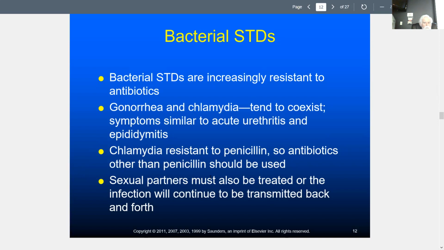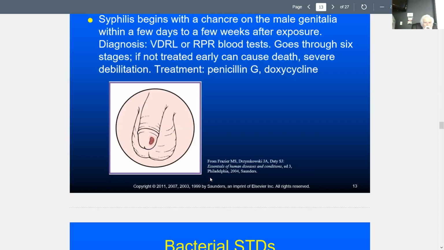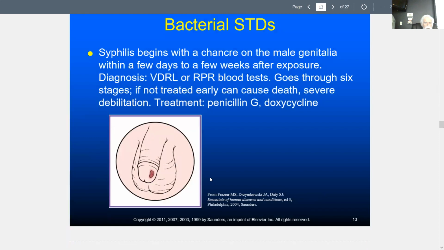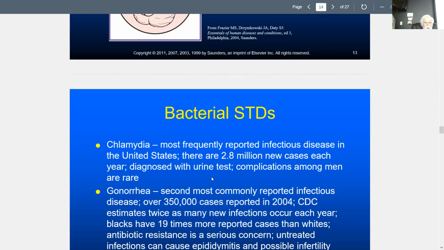So if you have it, you can pass it on to your partner. So you should check those as well. There are some treatments or some signs that can be seen to indicate the presence of one of these diseases.